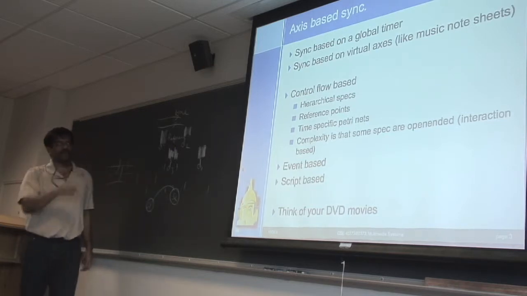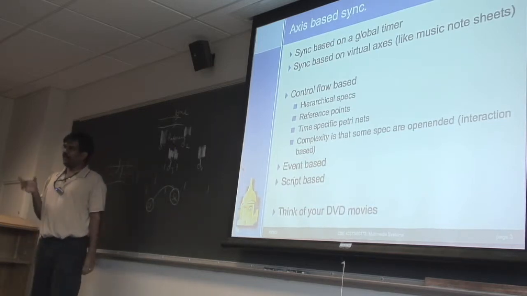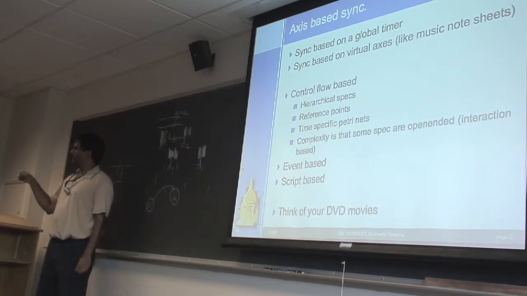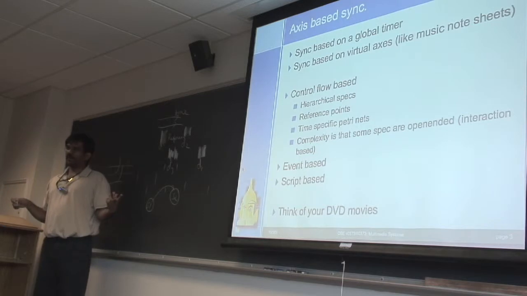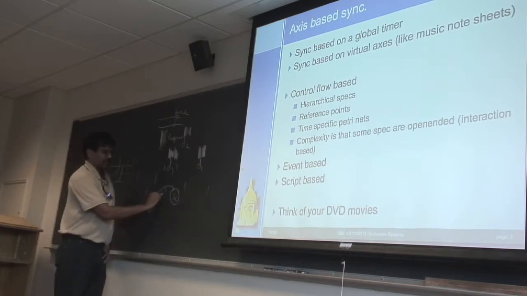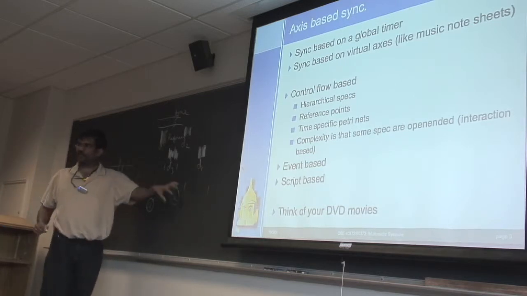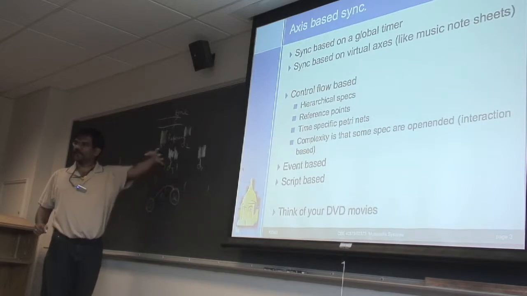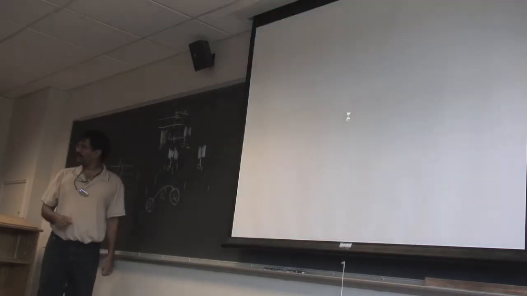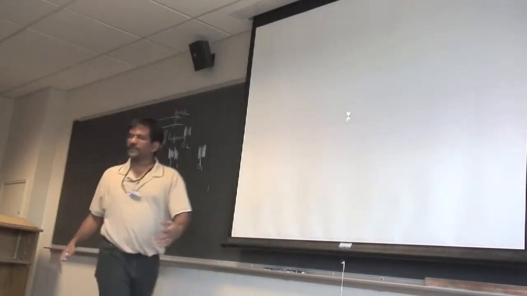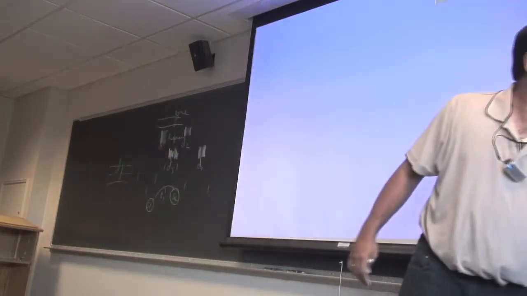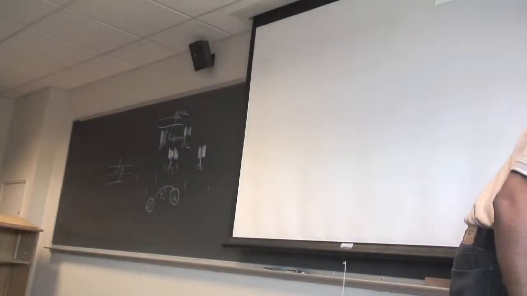So time-specific Petri nets can also include open-ended stuff like user interactions where there's no time model, right? So this one you can say at time t1 you go from state 1 to state 2, whereas here you would base on the events, right? So it's an augmented Petri net model. Let me see if I can.